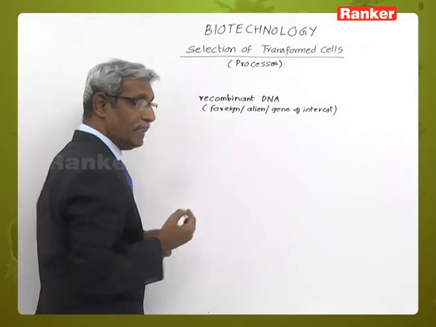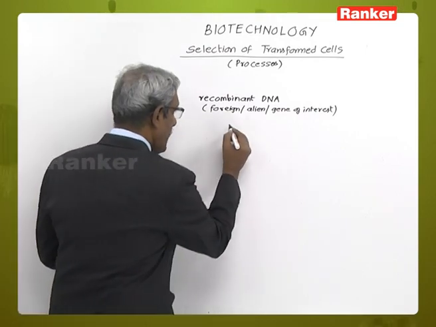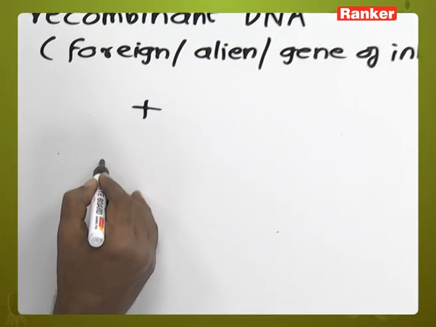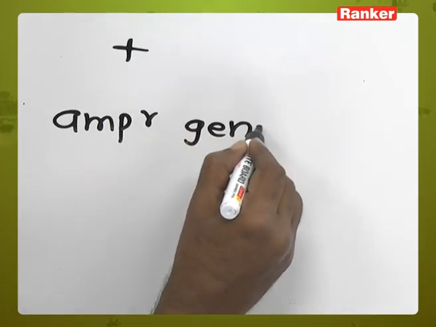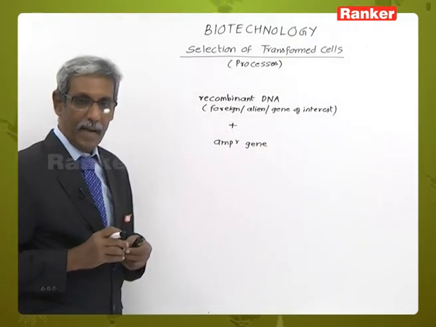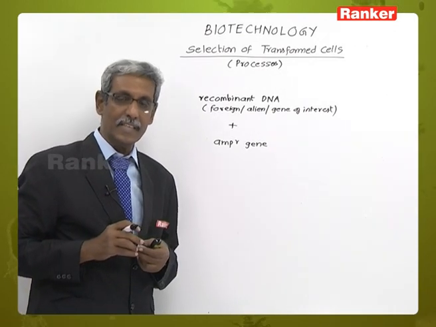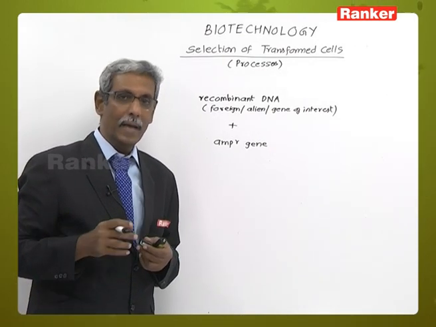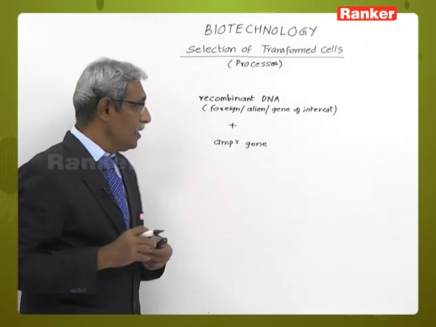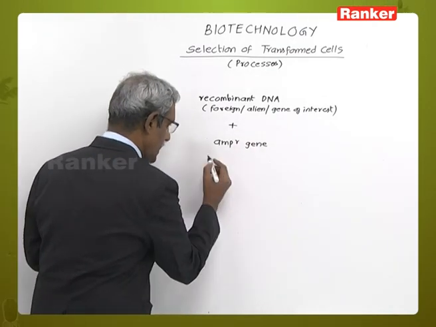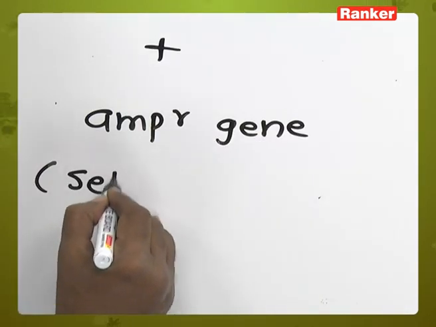Now, normally this recombinant DNA will combine with an ampicillin resistant gene. If you recollect, we had an ampicillin resistant gene and a tetracycline gene in our pBR322. So, this can combine with an ampicillin resistant gene. This ampicillin resistant gene is termed as a selective marker.